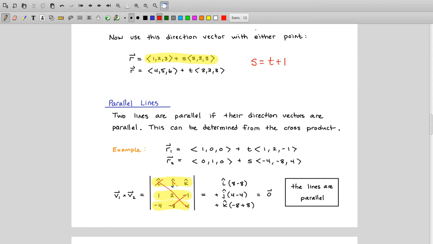J component: 4j minus 4 times 1 times j, that's -4 minus... K component: k, 1 times -8, that's -8k, minus -4 times 2k, that's +8k. And so all the components cancel, we get the 0 vector, the lines are parallel.